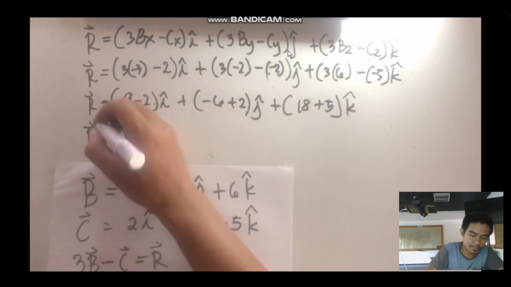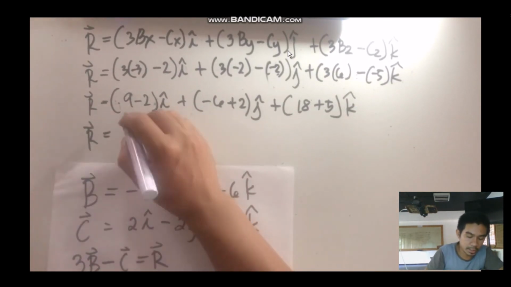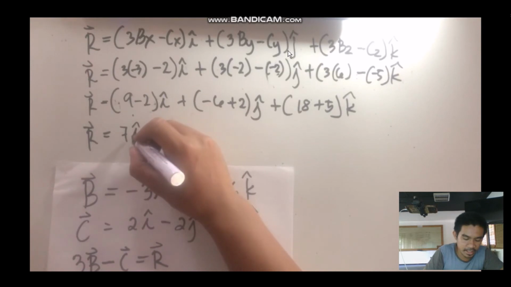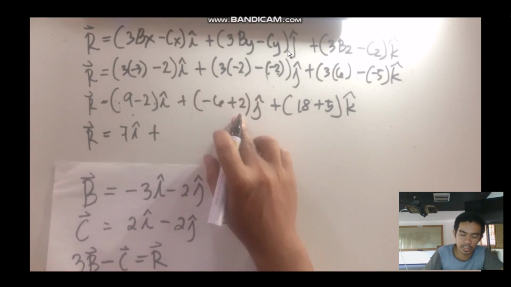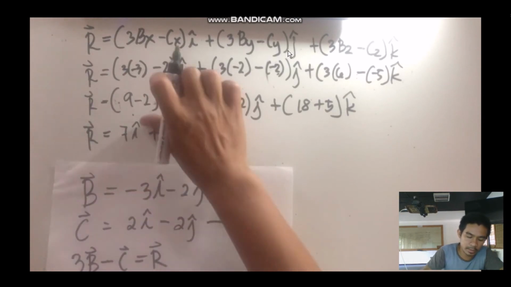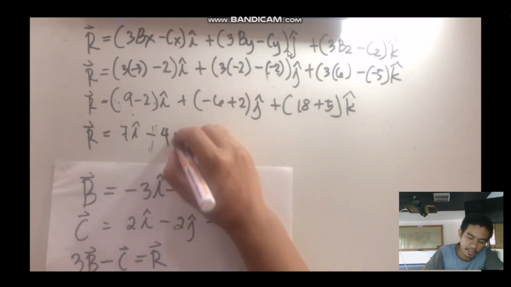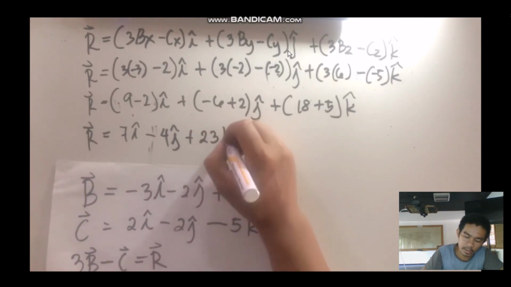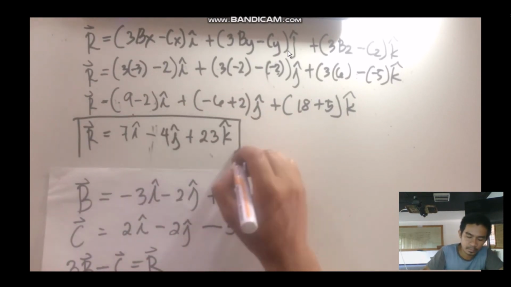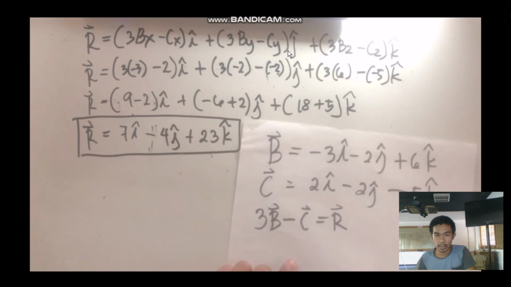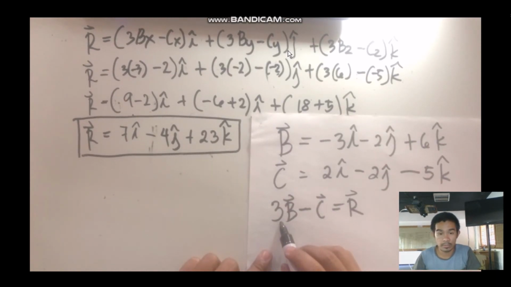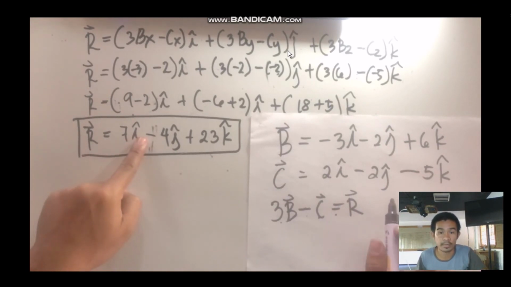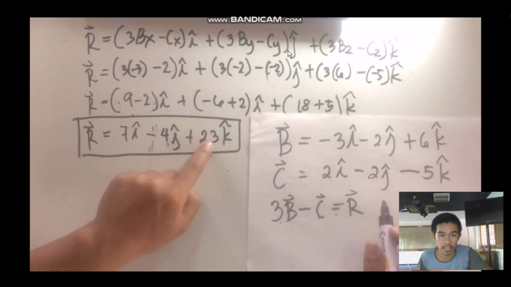So vector R, 9 minus 2 is 7, so you have 7 I hat plus negative 6 plus 2, that is negative 4, so negative 4 j hat, and then plus 18 plus 5, that's 23 k hat. So 3 times vector B minus vector C equals 7 I hat minus 4j hat plus 23 k hat.